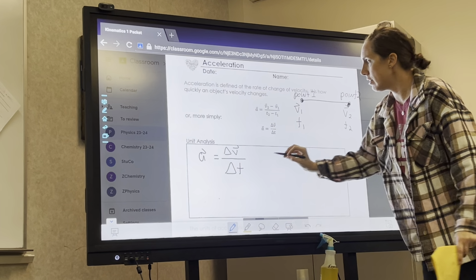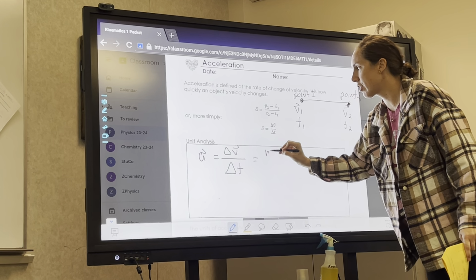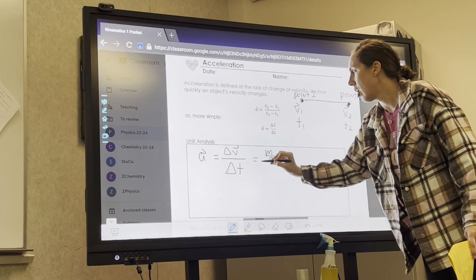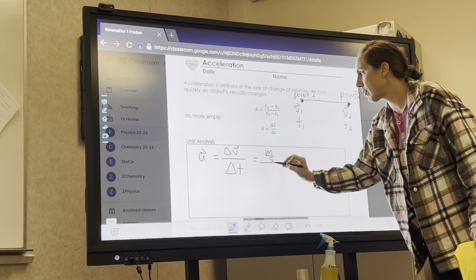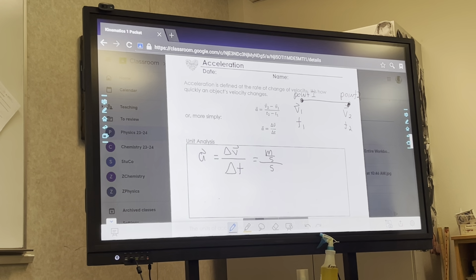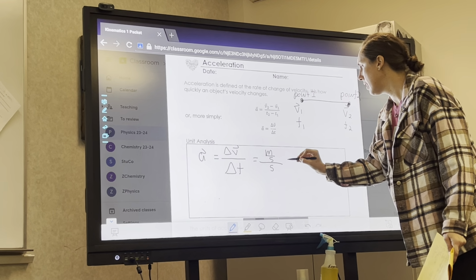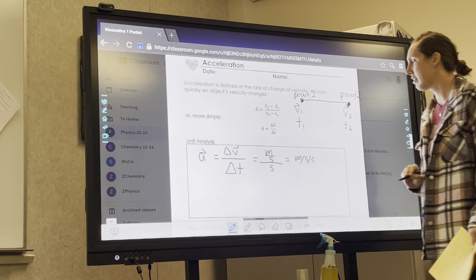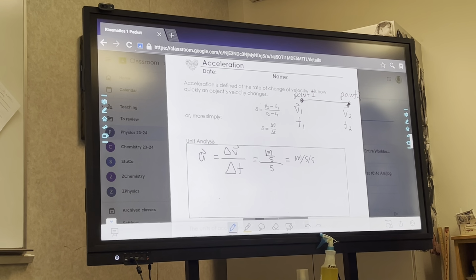So the units for velocity, for example, are meters per second, all over the units for time, which would be seconds. So in physics, acceleration is in meters per second per second. That doesn't look right, okay?